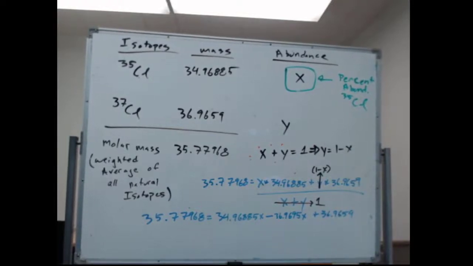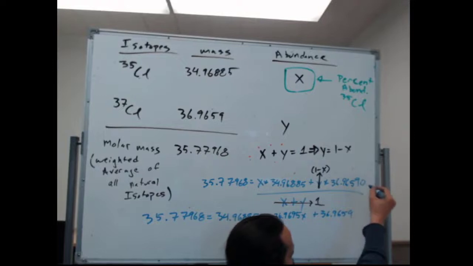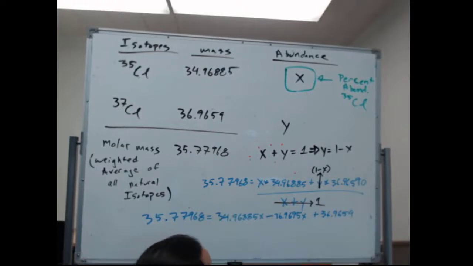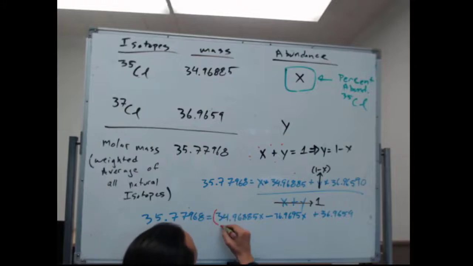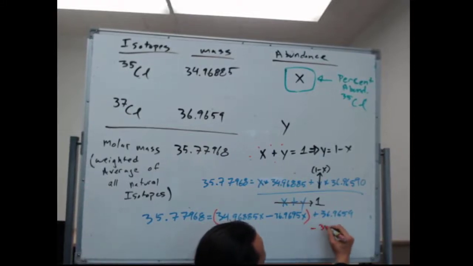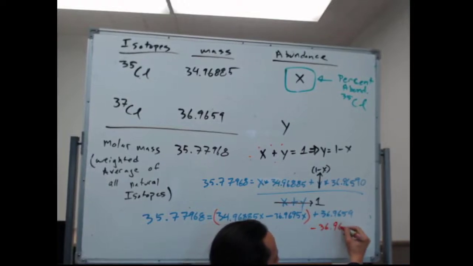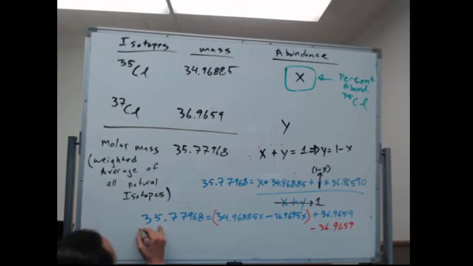First algebraic step. I'm going to combine those two things in terms of x together, and I'm going to subtract the 36.9659 from both sides.